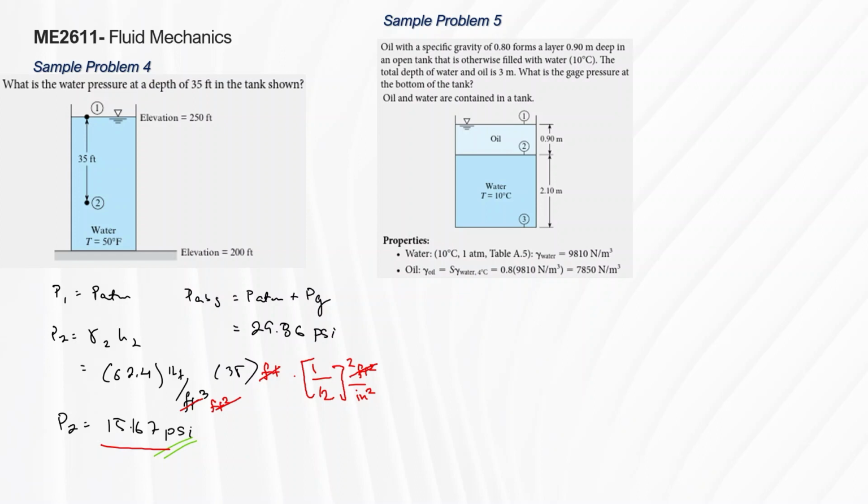So we're talking about gauge pressure. There are two fluids stacked on top of each other. So basically, you just have to add up all the gauge pressures to determine the total gauge pressure at the bottom. Okay? So we have some givens here. Water at 10 degrees has a specific weight of 9,810 Newton per meter cube, and the specific weight of oil is 7,850 Newton per meter cube.